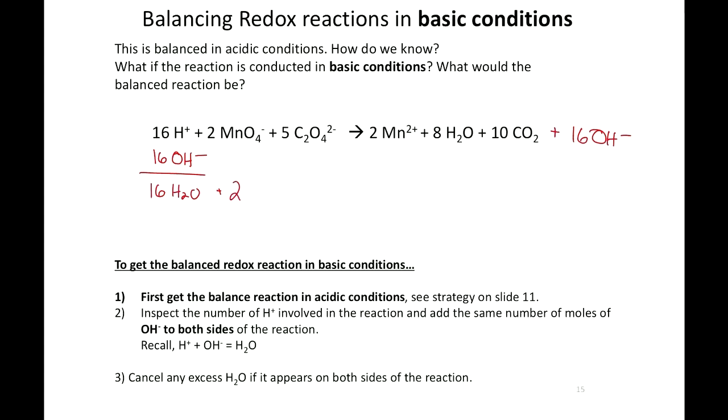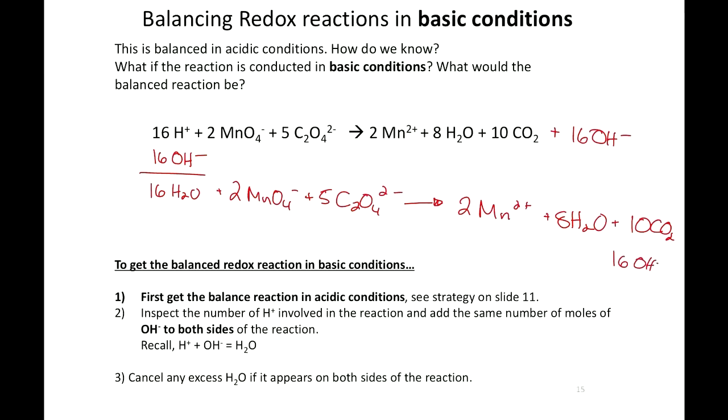So 2 permanganates, 5 oxalates, in this case, still gives us 2 manganese 2+, 8 waters, and 10 CO2s, and those 16 hydroxides, because I added hydroxide the same amount to both sides. And so now we can just clean it up, because notice that there's water on both sides.